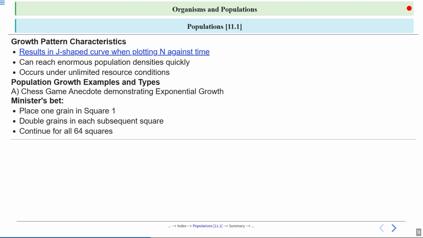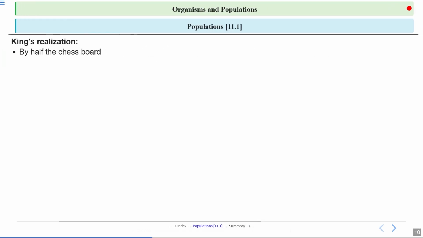He said continue this for the 64 squares. Now, the king realized after some time. What did he realize? The king's realization was that by half the chessboard, the king's entire wheat production was insufficient.